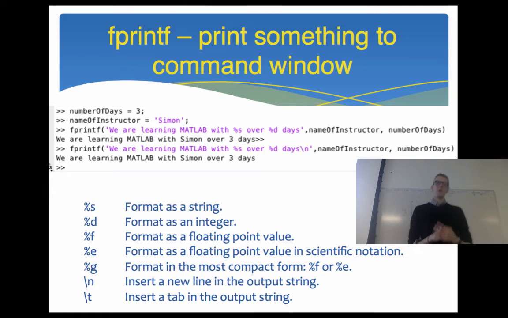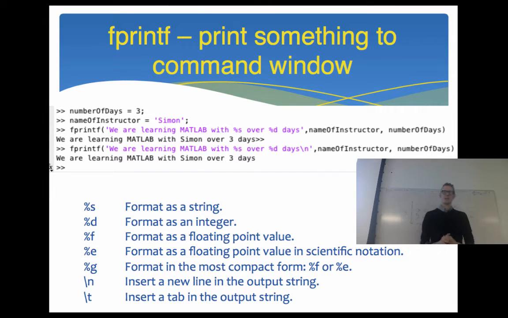So you type fprintf, and if you've written some C, you'll recognize some of this. Then in quotes, I put what I want to print to the screen. And what I want to print is, we are learning MATLAB with some string over some number of days.